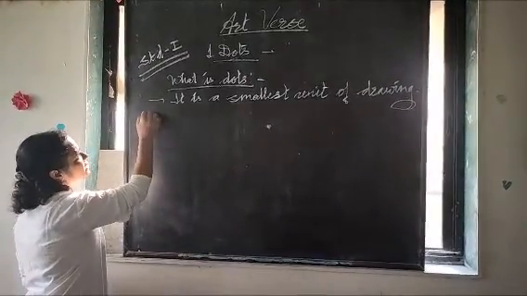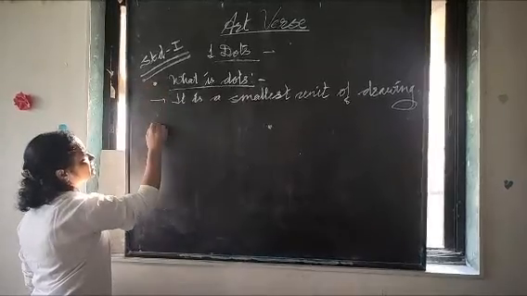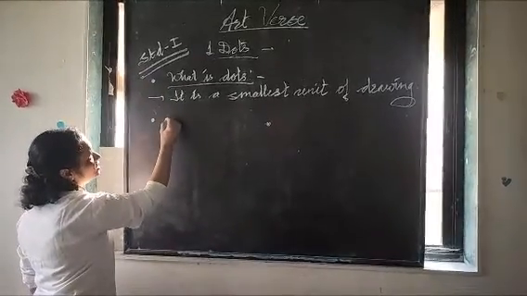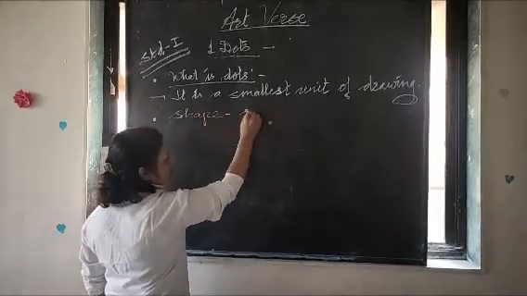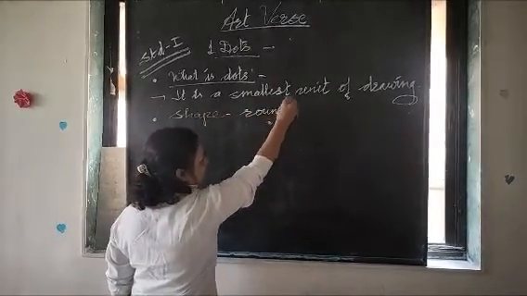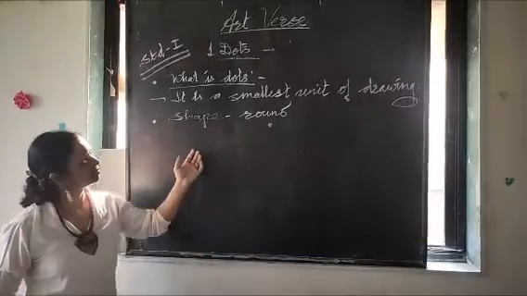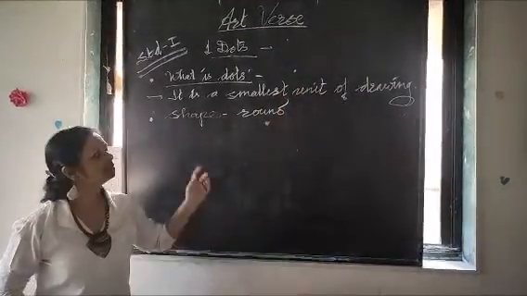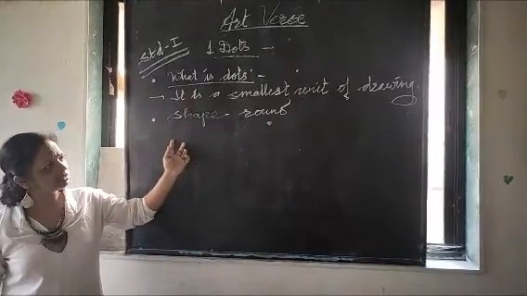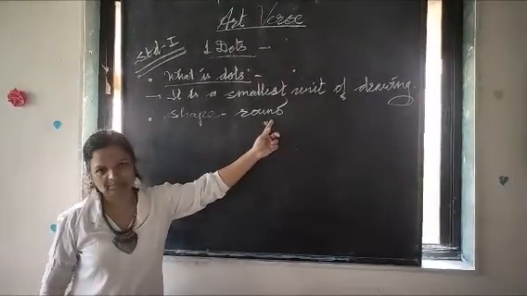Then its size, we know shape, round. How does the dot look like? Dot looks like a round shape.